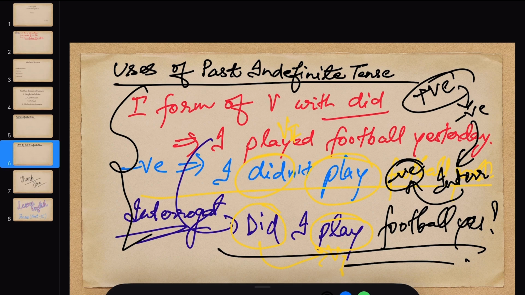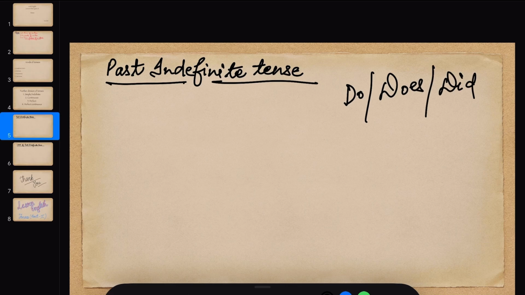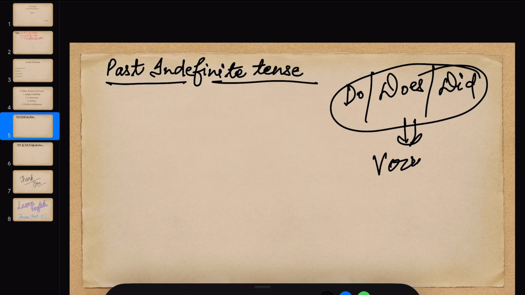So one thing I want to tell you more, that we should know the use of do, does, and did. We should be very clear about that. So if you have any doubt, you can ask in the comment box itself, or I have given you the email ID.